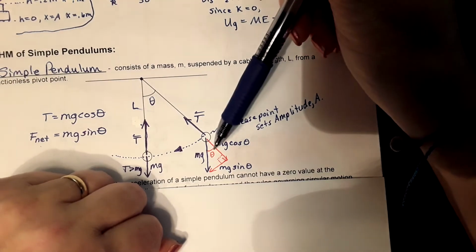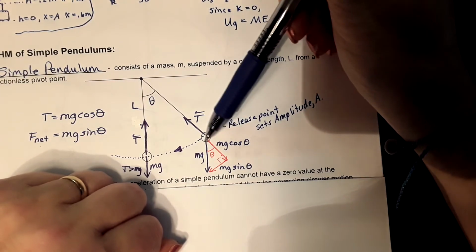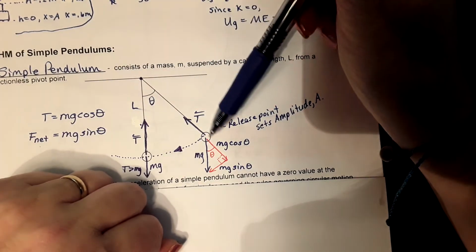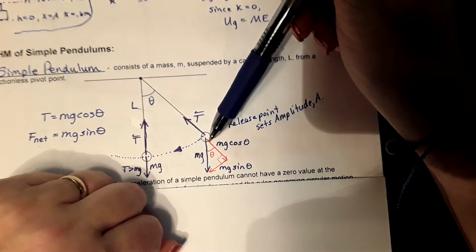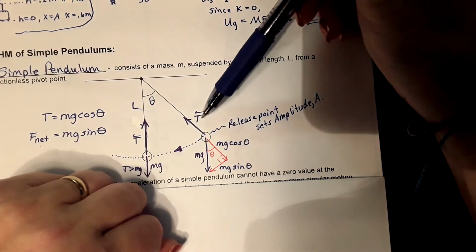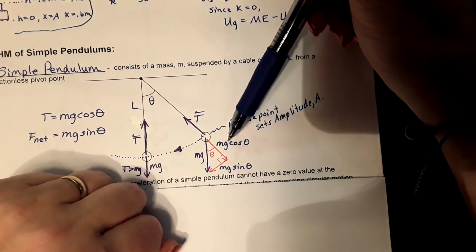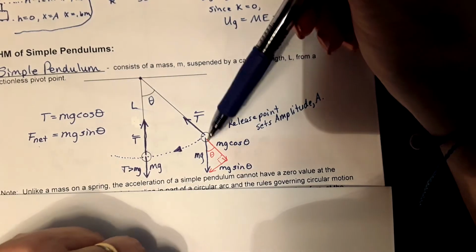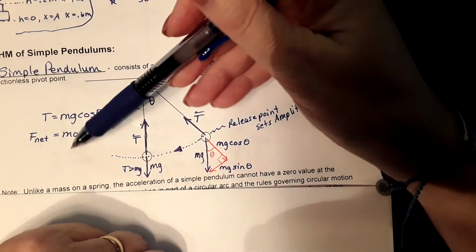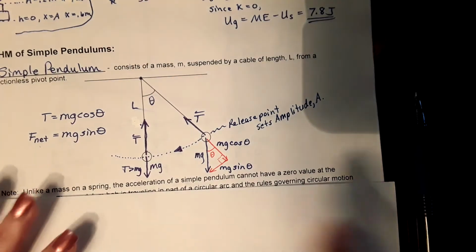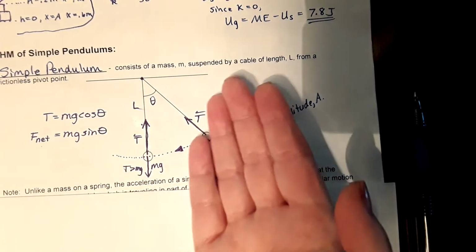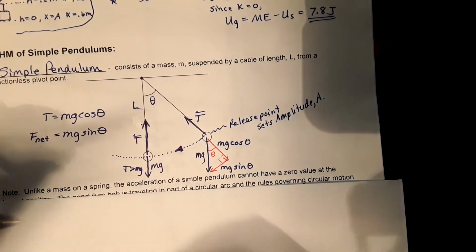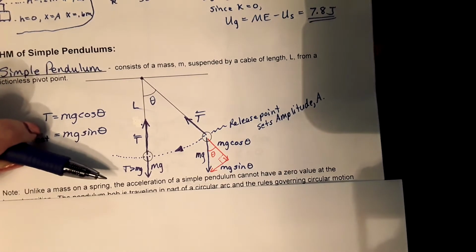If you do it that way, with two perpendicular components such that you get two similar triangles, then this component is balancing the tension, and this component is the one acting as the net force to make it accelerate back and forth. If we were to take this half of the diagram and flip it to the other side, this component would be pointing towards the center that way.